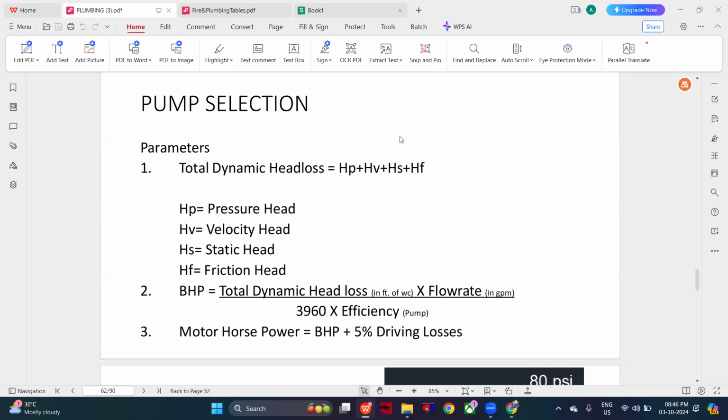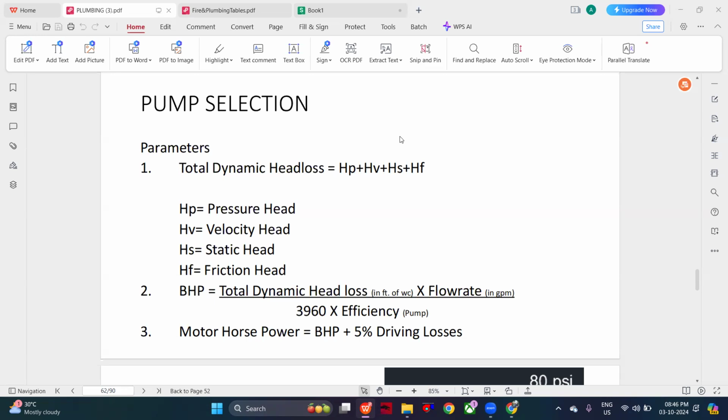Pump selection means, for a transfer pump, we're going to find out the capacity of a normal pump. We have a well and an overhead tank or a normal standard tank. I have to suck the water from that well, then fill the water into my tank, then use it for my normal domestic purposes. So these are the basic things.